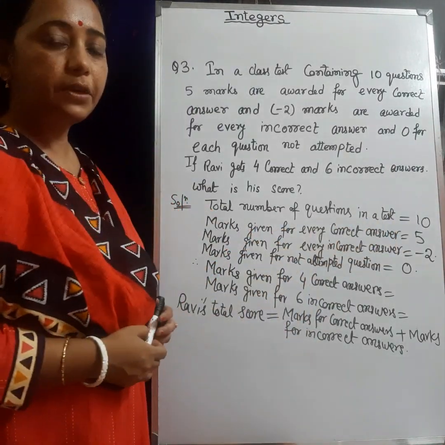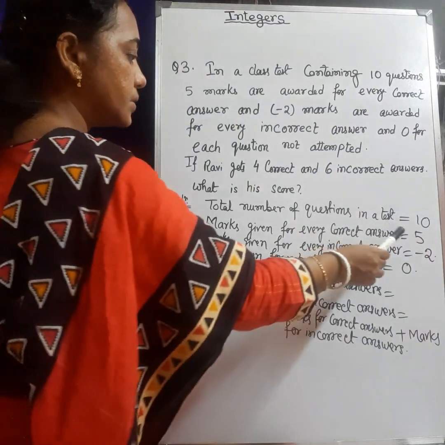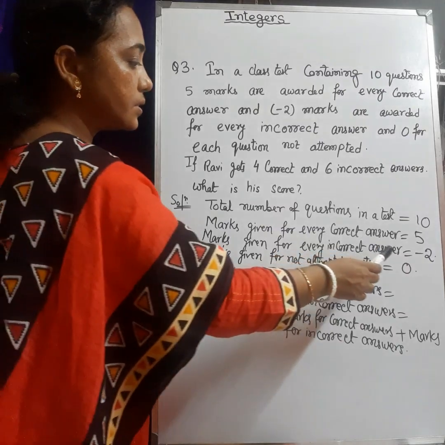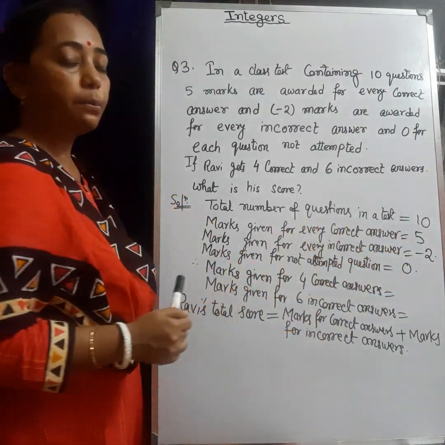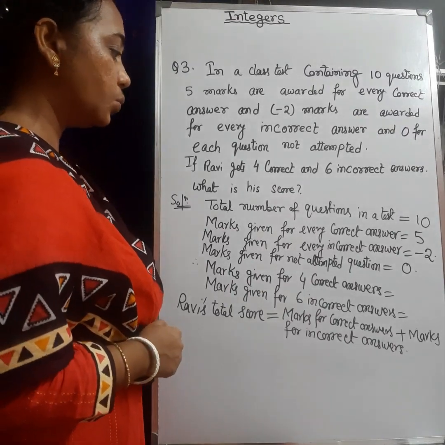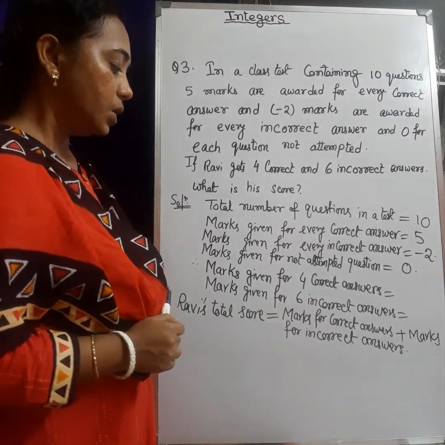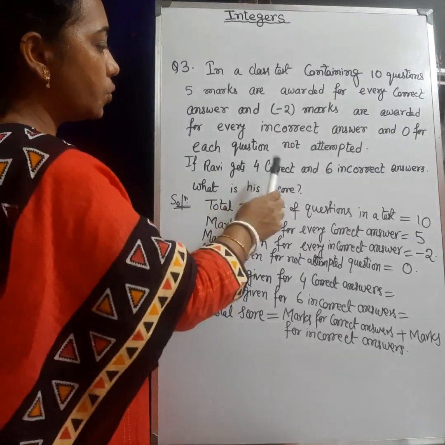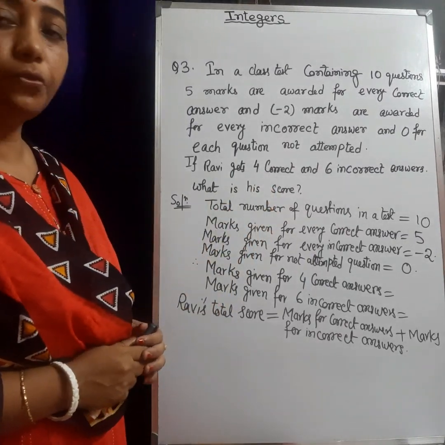Marks given for each correct answer is equal to 5, marks given for each incorrect answer is equal to -2, and marks given for not attempted questions is equal to 0.